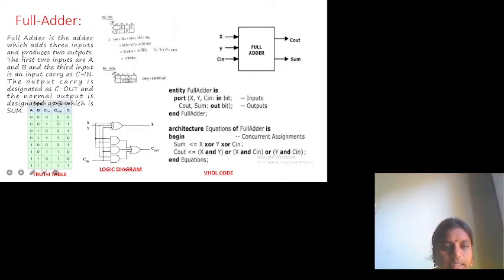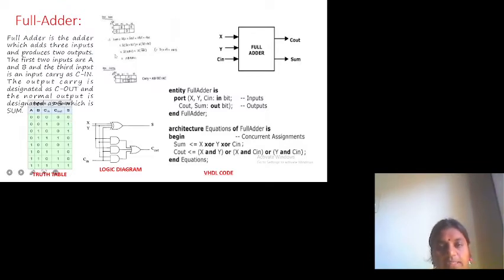Now considering these combinations, the output of carry out is 0 for the first 3 combinations. Substituting these values of A, B, C-in in this particular expression, and substituting all these 8 combinations in A XOR B XOR C, we will get the truth table values like this.